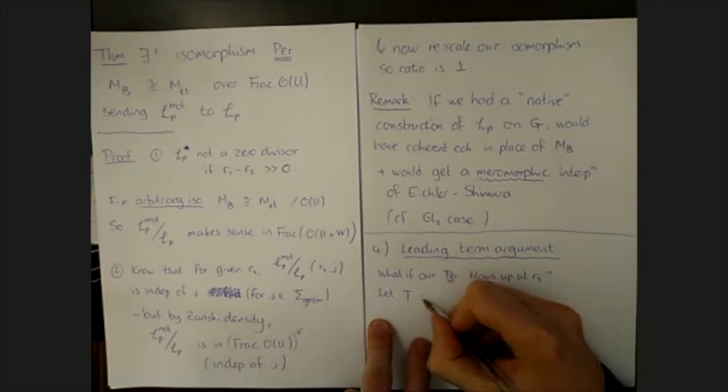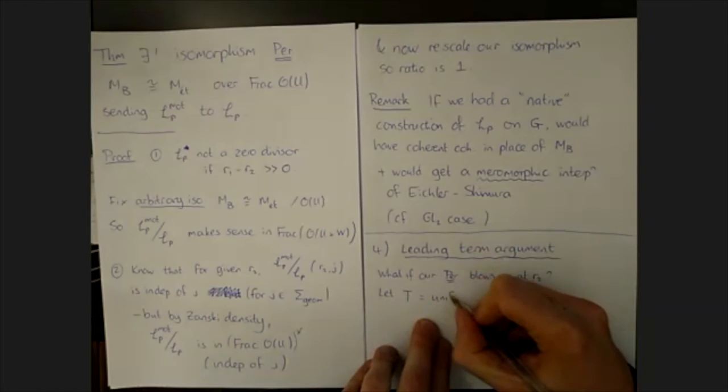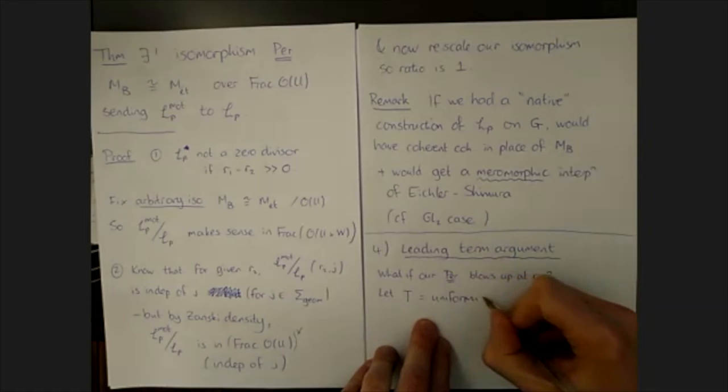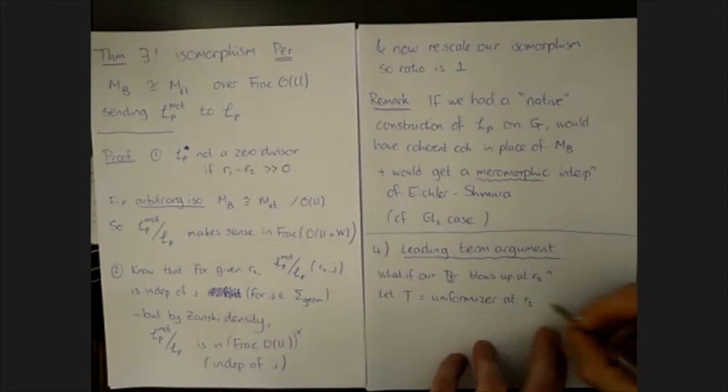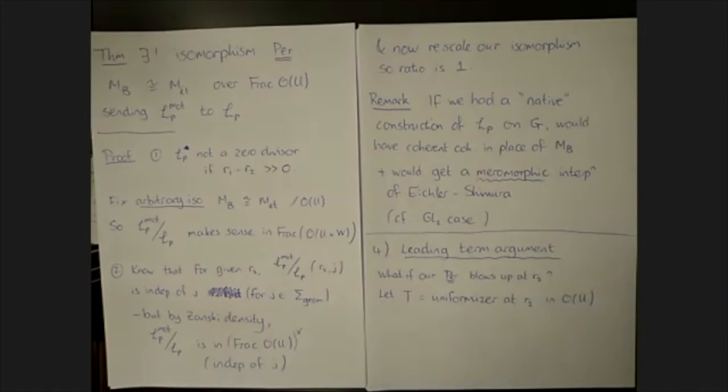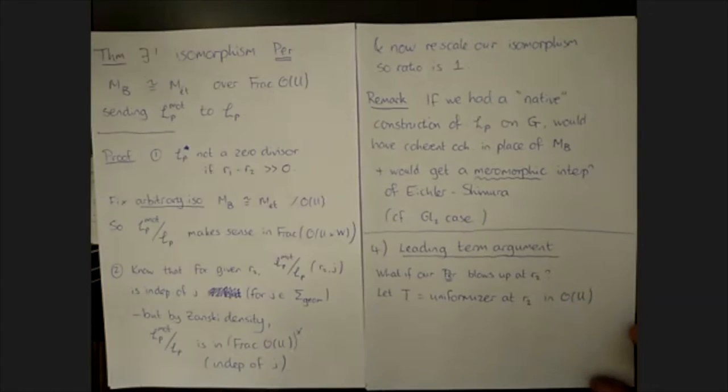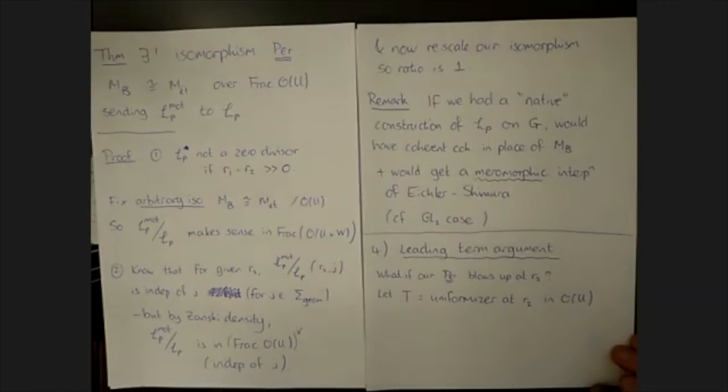So let T be a uniformizer at R2 in O_U. So a function on weight space which vanishes at the point, which has a simple zero at R2.